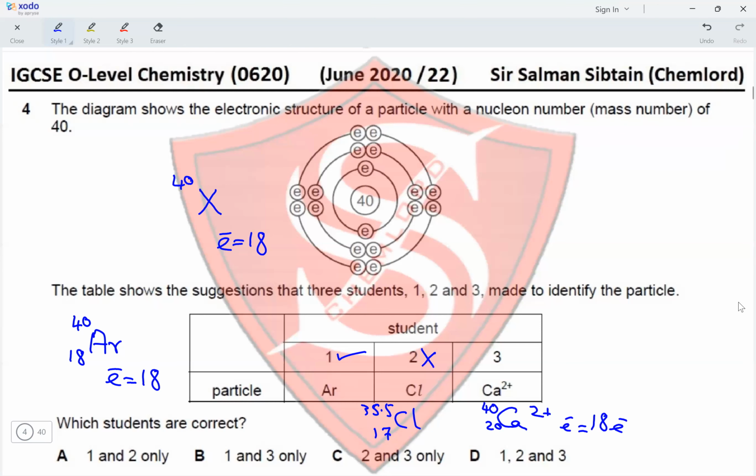So student 3 also suggested an ion which can fit this description. So students 1 and 3 gave 2 appropriate particles, while student 2 gave an incorrect particle. So since students 1 and 3 are correct, option B is the correct option for this question.